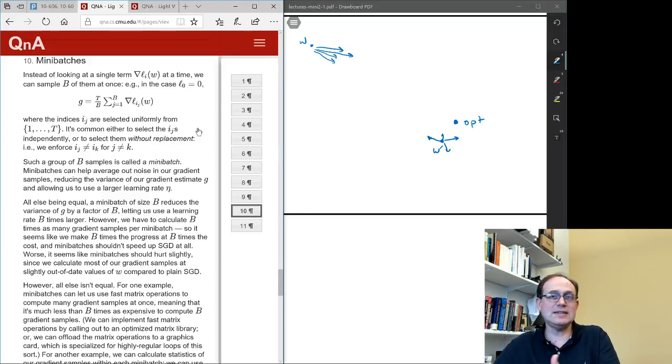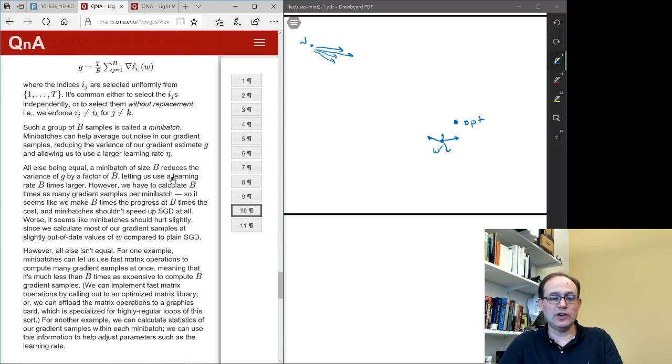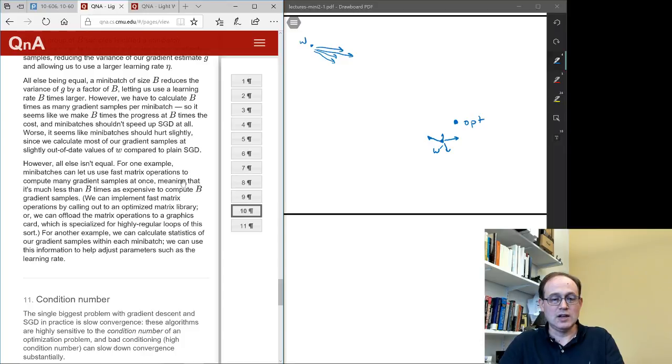Now, that seems like it's a wash, right? Because we're doing B times as much work to be able to choose a learning rate that's B times as large. But there's actually often a lot of good reasons to choose a mini batch. For one example, it could be the case that you can calculate B gradients for much cheaper than B times the cost of a single gradient.